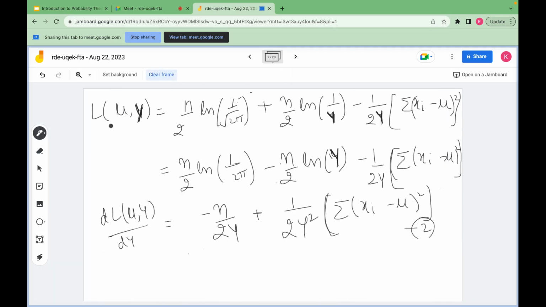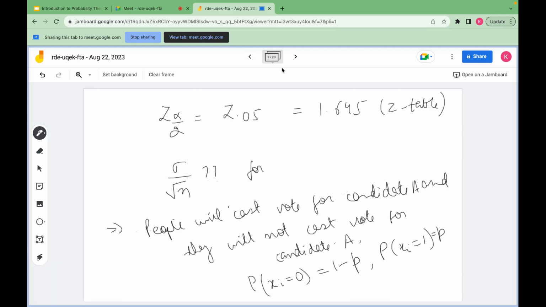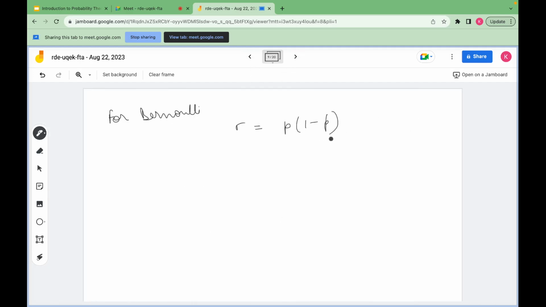For the Bernoulli distribution, sigma squared is p into 1 minus p. Now, what should be the value of p?